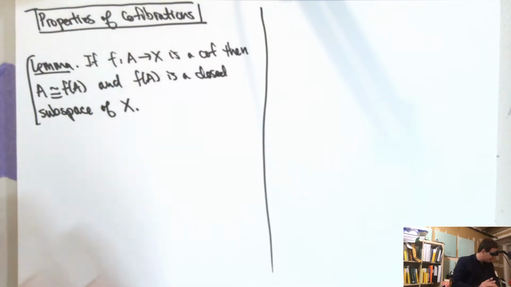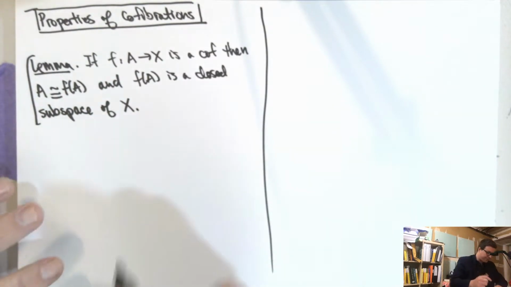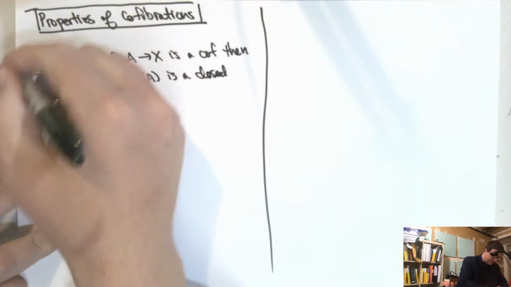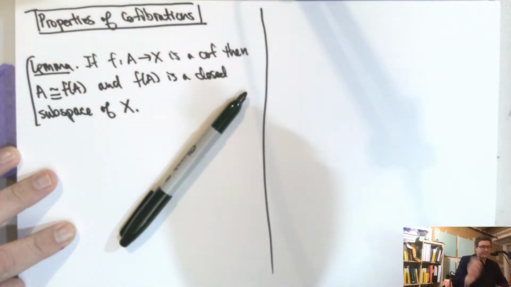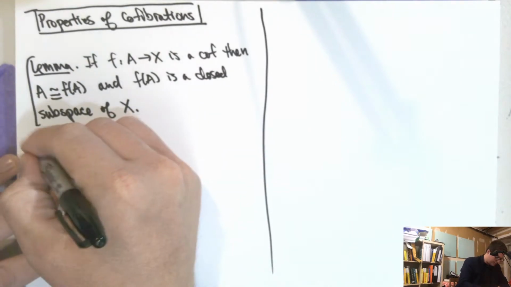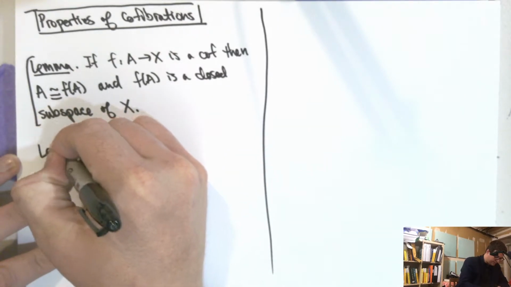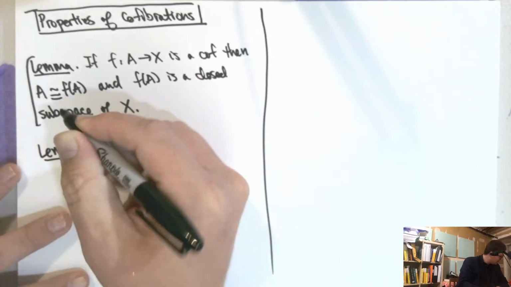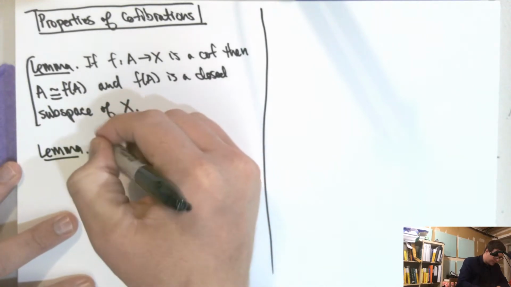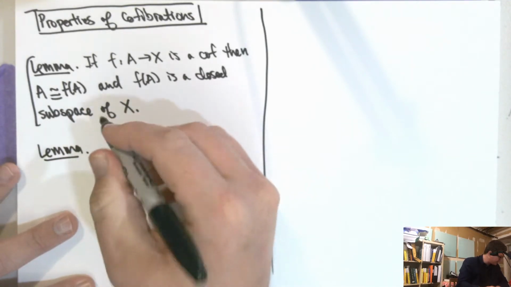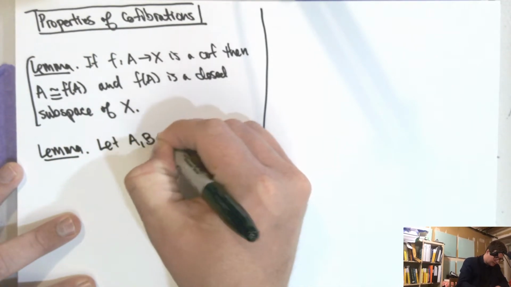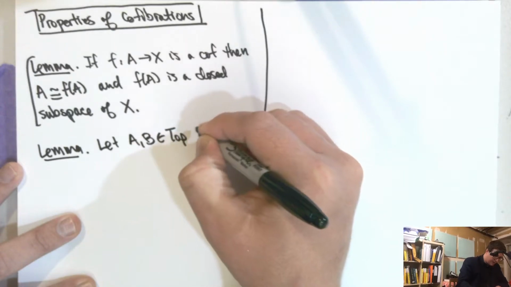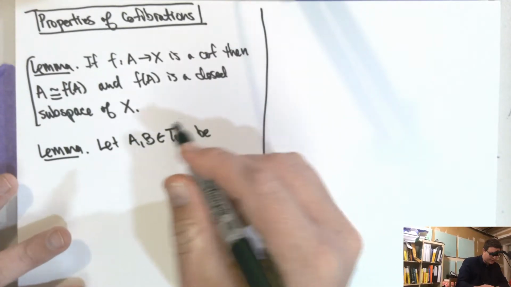In order to prove this, we need a lemma. Maybe I should have called this a theorem or something, but this will in turn need a lemma. So the lemma we'll do is the following. Let A and B be Hausdorff topological spaces, and it's important that they're Hausdorff.